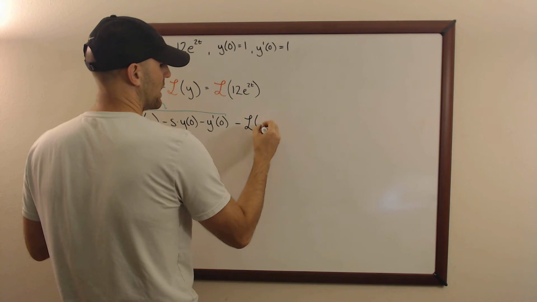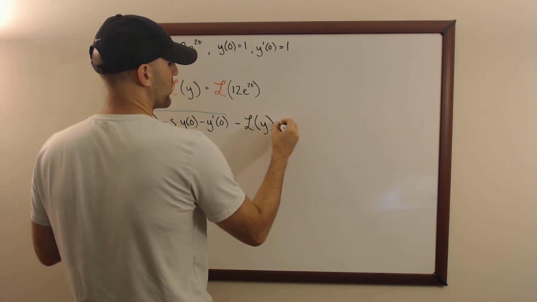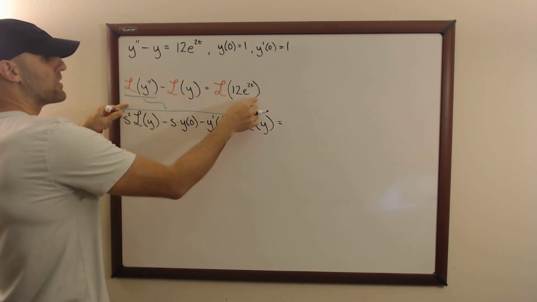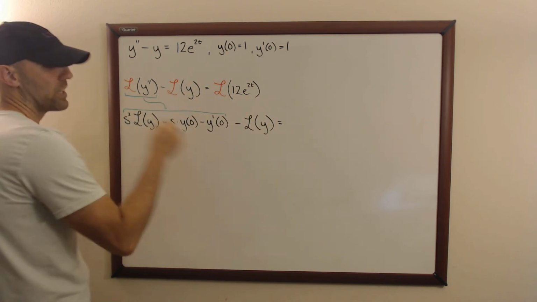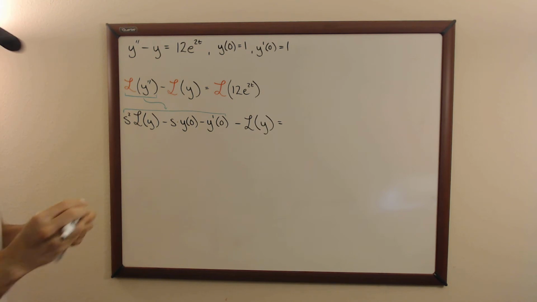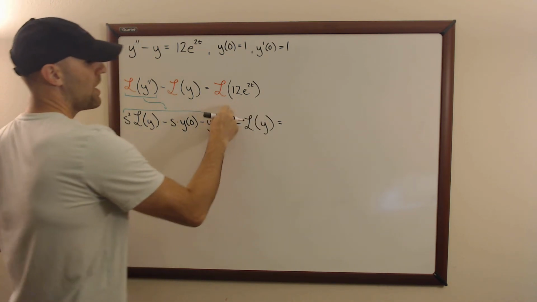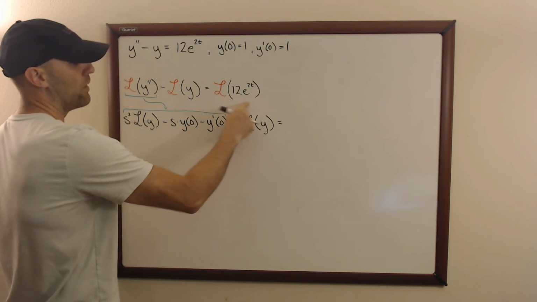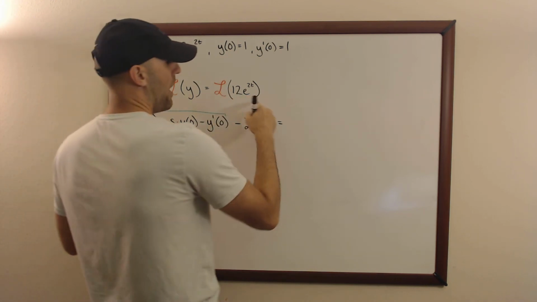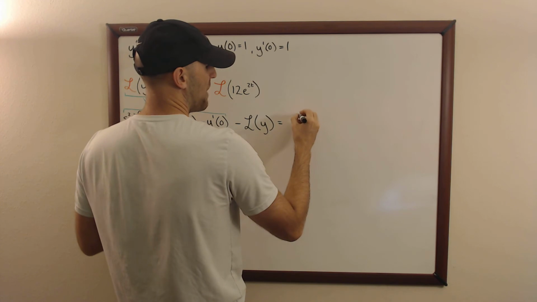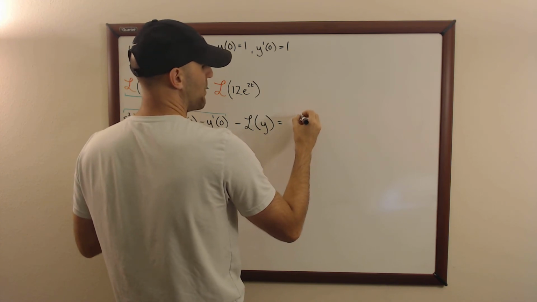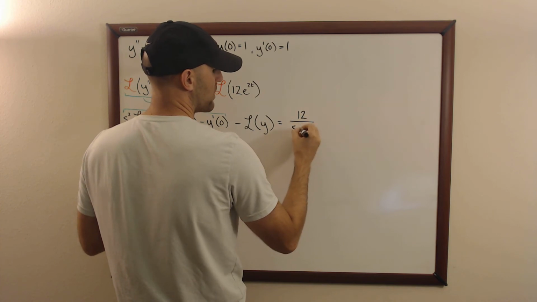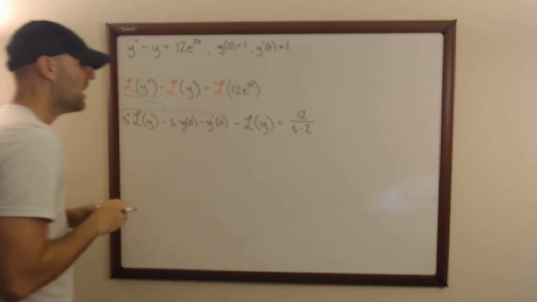You know, very commonly I see students end up getting lost in these things once they're translating a lot of things, and they don't make sure that every single thing in their original equation is represented here, right? They'll get lost in the middle, so try not to do that, okay? And that equals the Laplace transform of 12e to the 2t. Now I know that 12 is irrelevant, this is scalar invariant, but the Laplace transform of e to the 2t is 1 over s minus a, or s minus 2 in this case, so I get 12 over s minus 2.